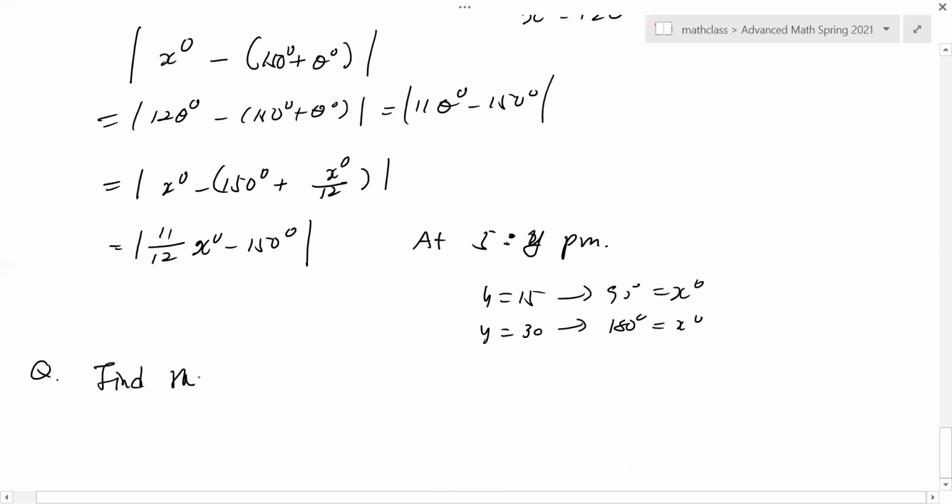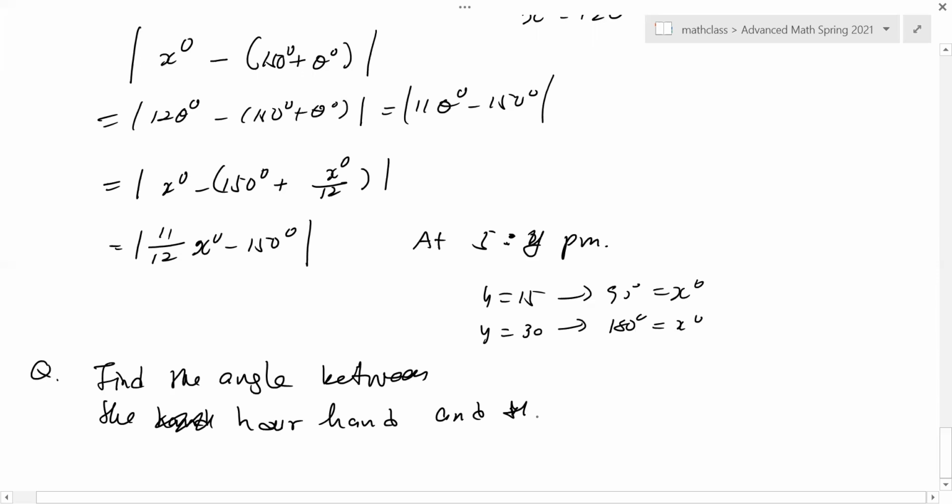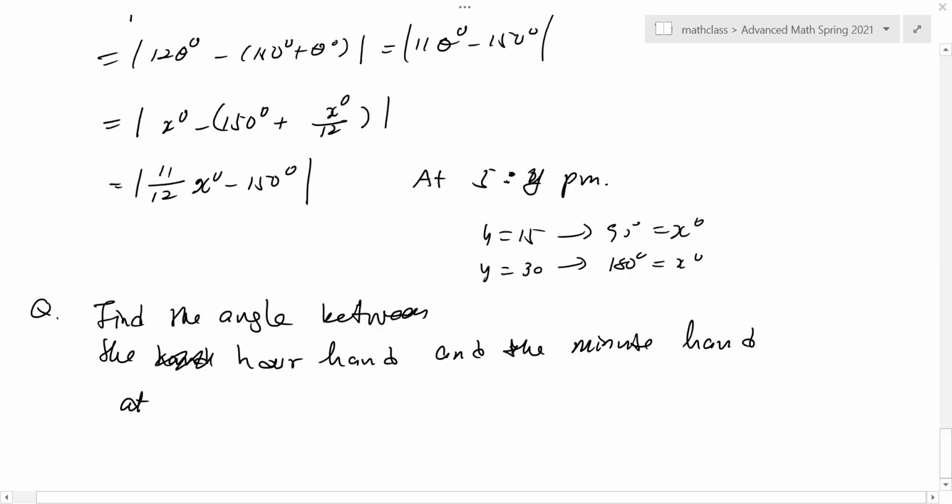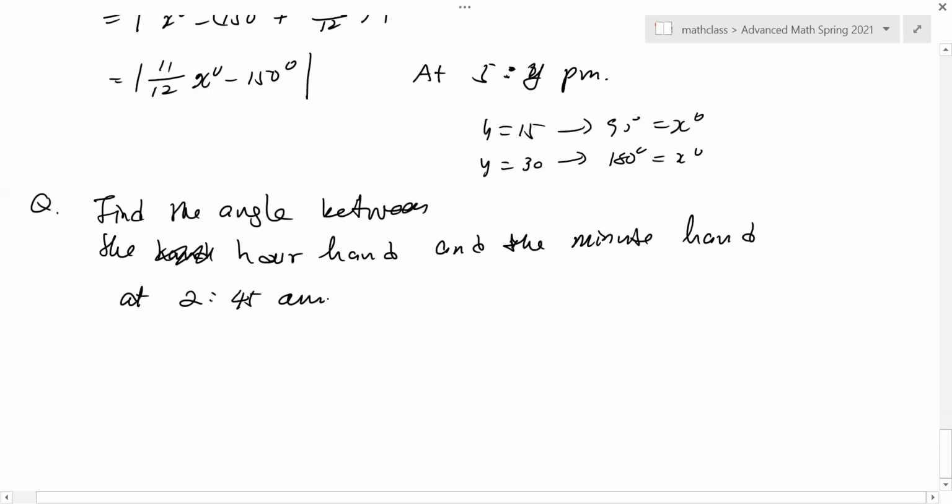Find the angle between the hour hand and the minute hand at, let me say, 2 o'clock 45, for example. Okay, can you do this problem?